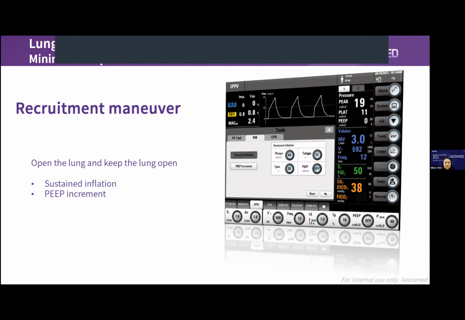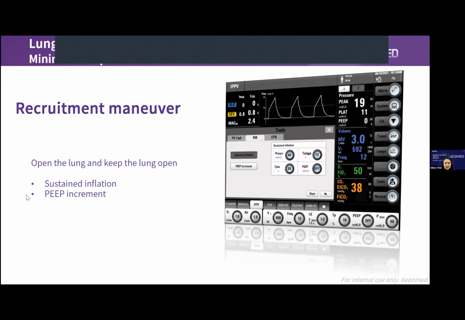And also, we will have to keep an eye on the hemodynamics, to see the blood pressure and the heart rate. Of course, we don't want to give any impact on the circulation. So here, we don't have to worry about that once my anesthesia workstation could give me the information about what we can do. And here, we have two ways.